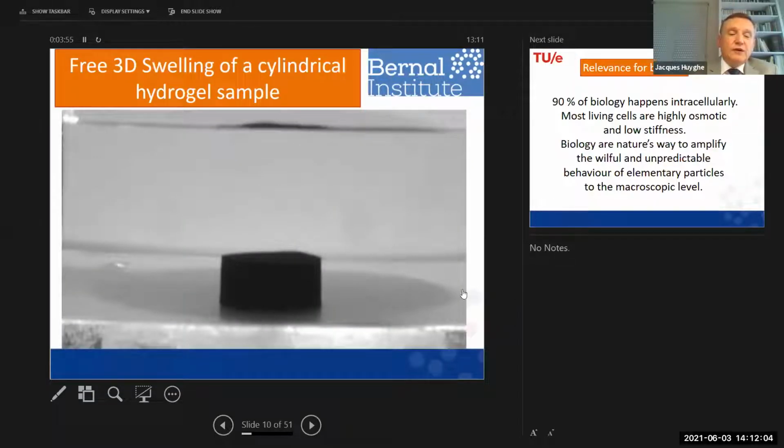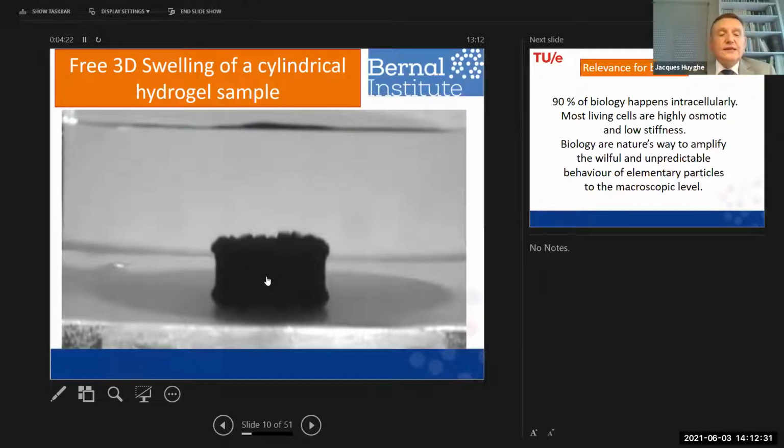So to give a little bit of an idea of what this kind of material looks like, I have here a hydrogel, a superabsorbent cylindrical sample in which we mixed a little bit of carbon to make it look black. We move it from a solution of high salt concentration to one with low salt concentration.